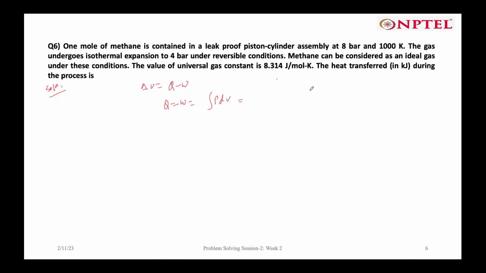So you can write this for an ideal gas as RT dV by V, which gives RT ln V2 by V1, right? Or RT ln P1 by P2. Put the values all given here in the statement to get the final answer.